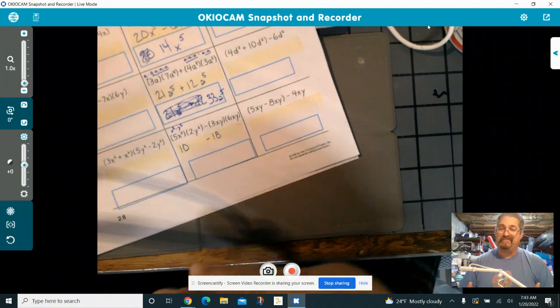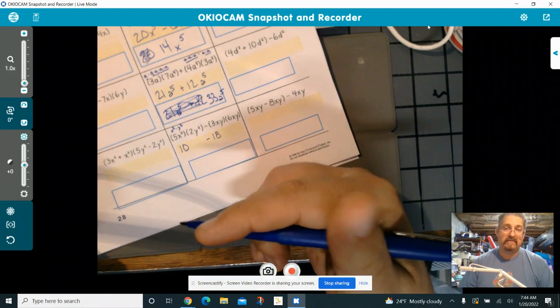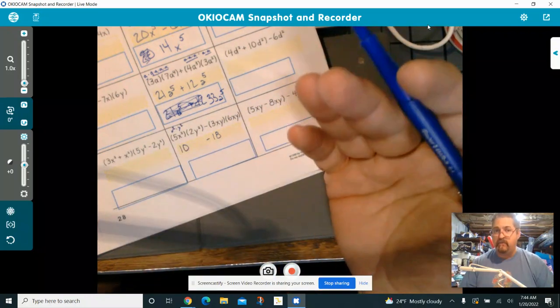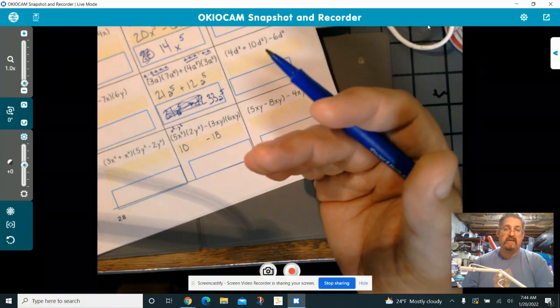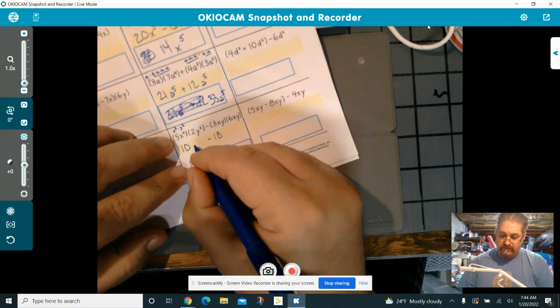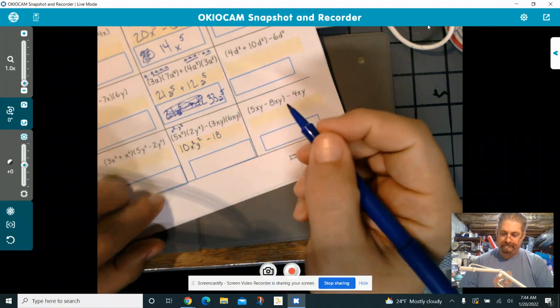I can't really do anything more with those than just write them down like it is. It was x squared times x squared, I could combine those to be x to the 4th, but I can't do it with this. I just have to write it down like it is. So 10 x squared y squared.